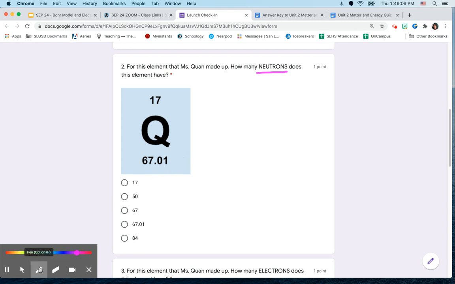Now, this time it's a little bit more complicated. There are a couple of extra things we need to know. So here, this is what we call our atomic mass.